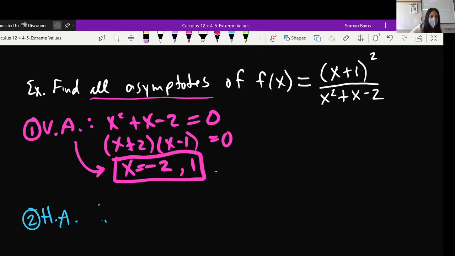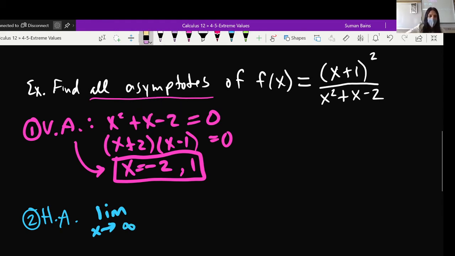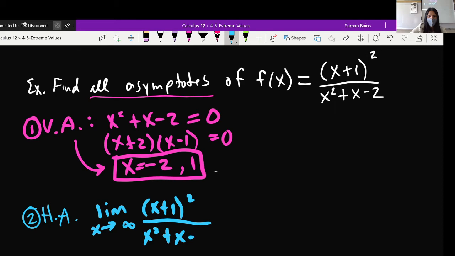So when we're looking for horizontal asymptotes, we're looking for the limit as x approaches infinity of our equation here: (x plus 1) squared all over x squared plus x minus 2.